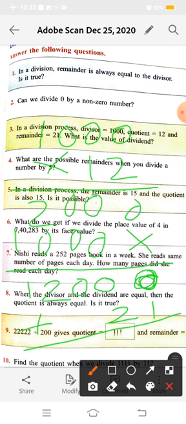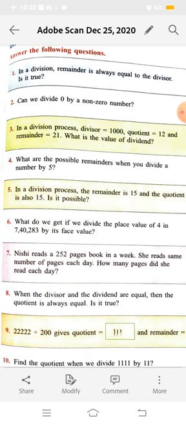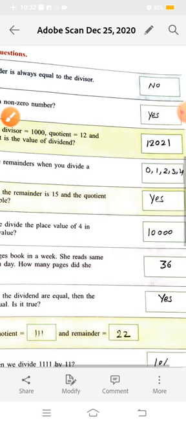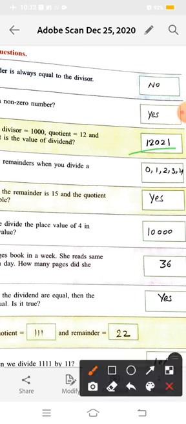When we add 21 in our product of multiplication of divisor and quotient, it will come 12,021. So dividend is 12,021. Okay, so write here 12,021. Okay, done.